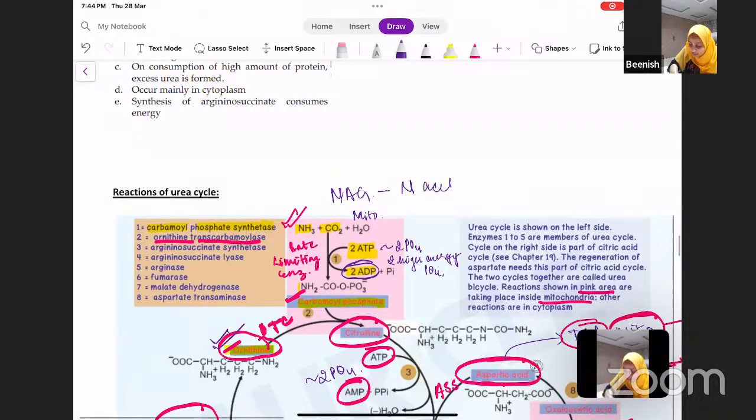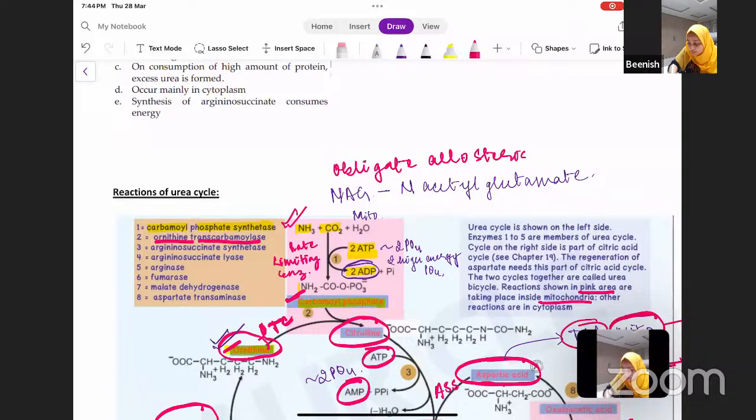NAG is N-acetyl glutamate. This is NAG, and this is an obligate allosteric activator of the first step of the urea cycle.